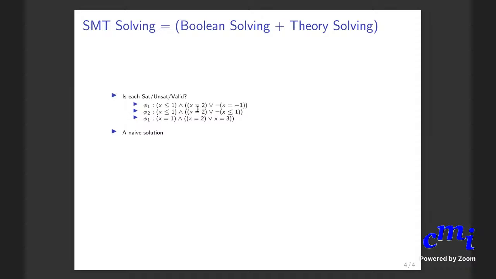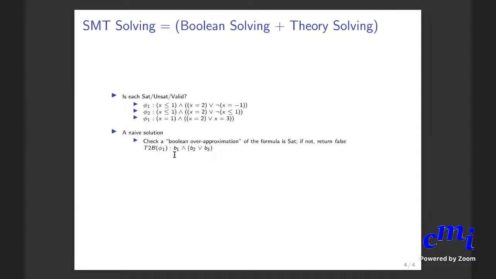So in order to decide the satisfiability, unsat, and validity of those things, you will have to use Boolean satisfiability as well as check if the meanings of all the non-logical symbols are as constrained by the theory.